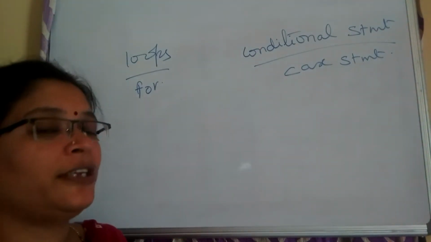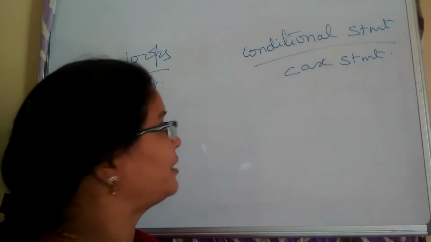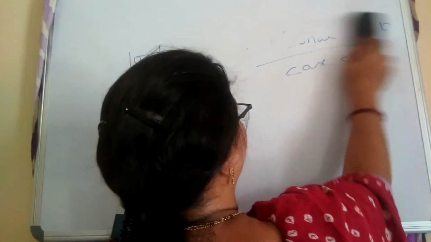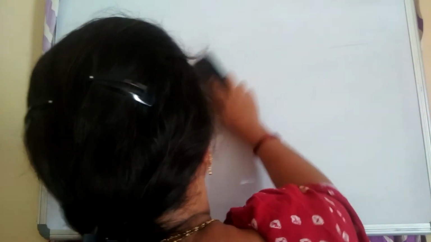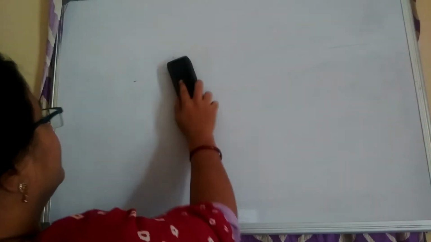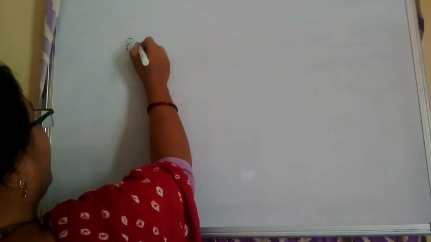First we are going to see the for syntax in shell script, how it will be. How for will look like in C and how for will look like in shell programming.